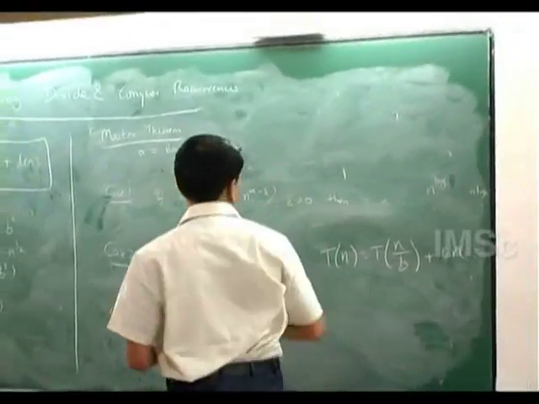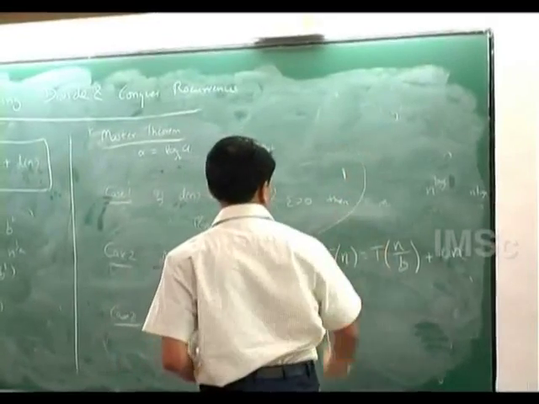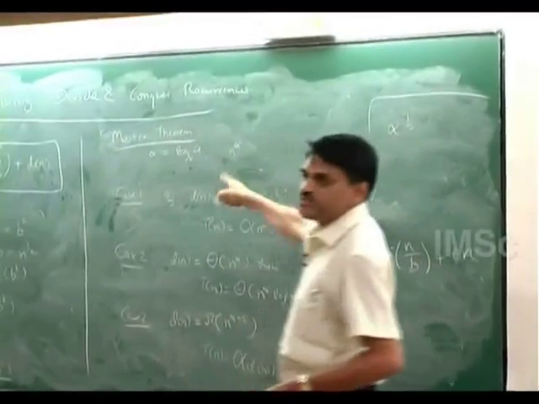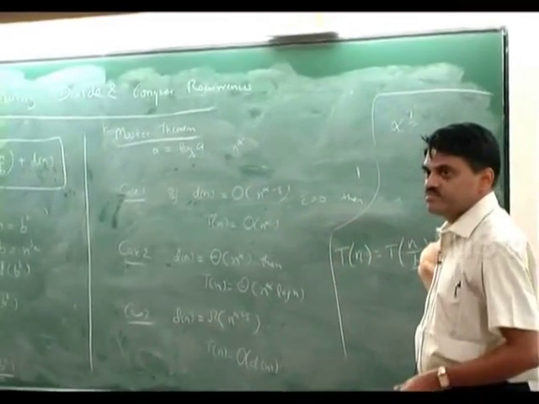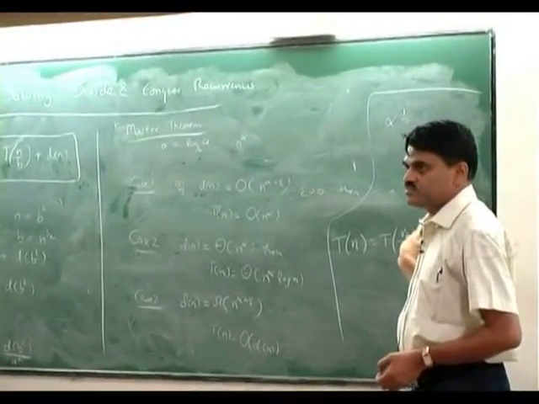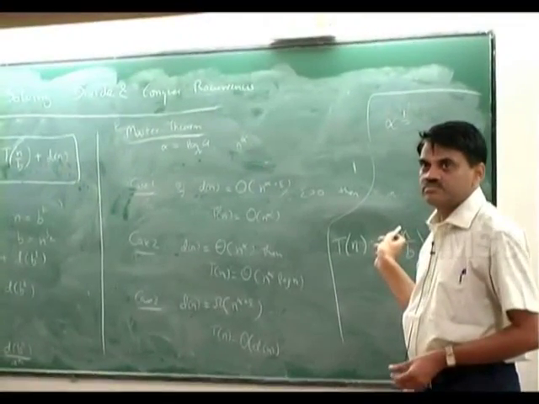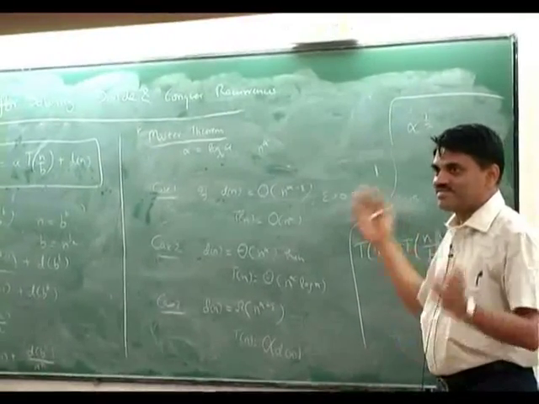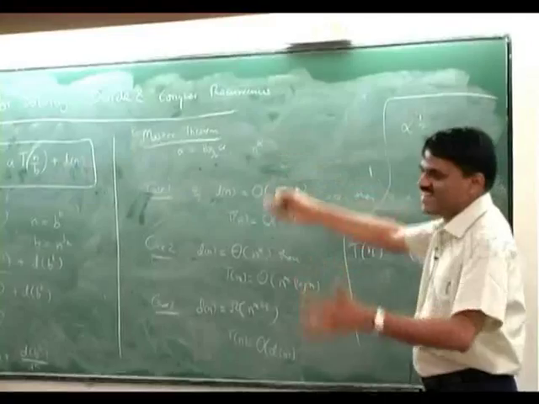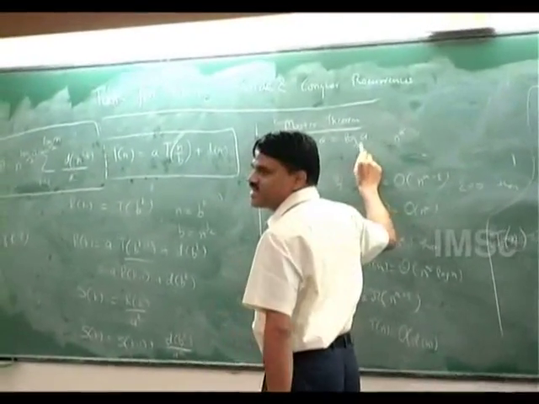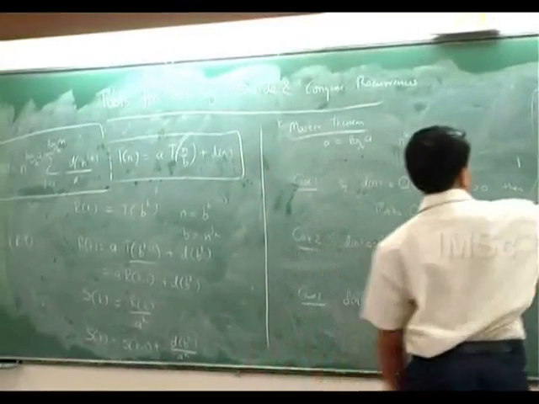So what is alpha here? It's log a to the base b. Yes, 0. a is 1, so log of 1, whatever b is, is 0. So my alpha is 0.